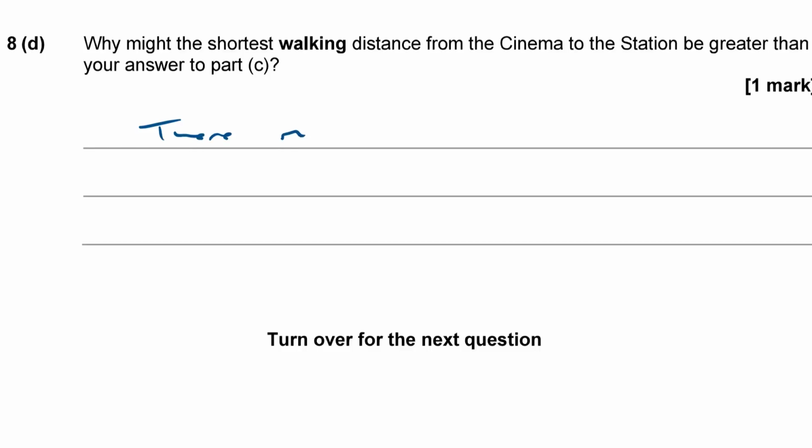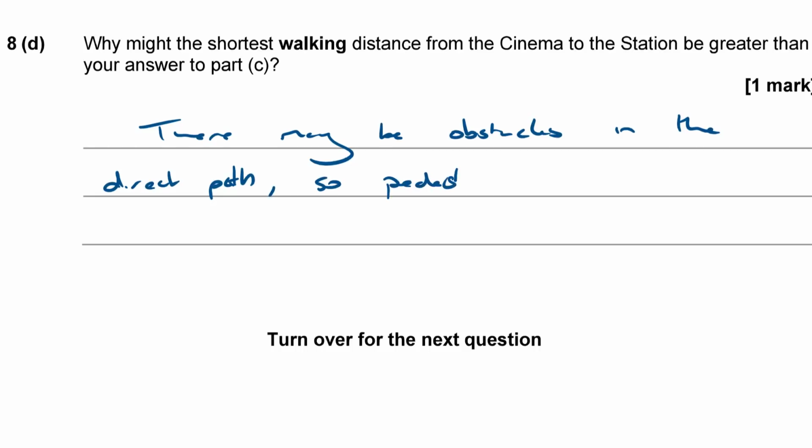There may be obstacles in the direct path, so pedestrians would need to walk around these. Something like that. So there may be obstacles in the direct path, so pedestrians would need to walk around these.